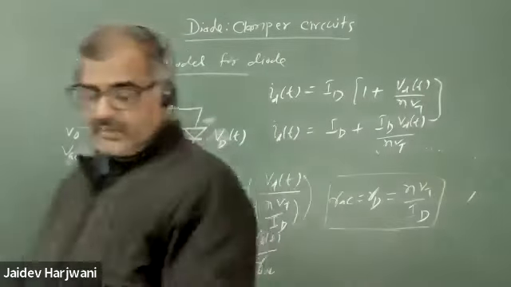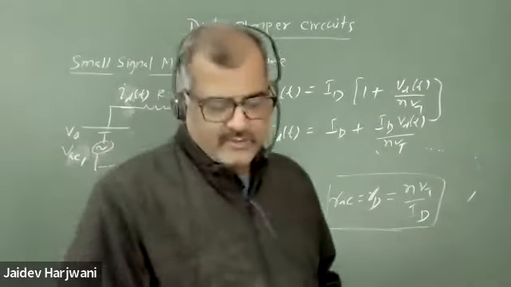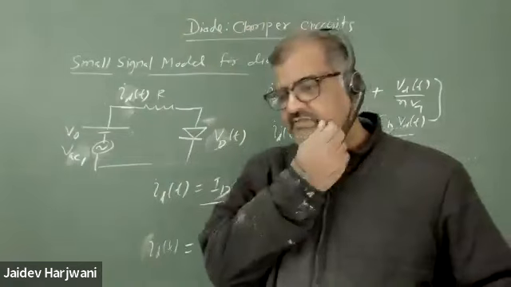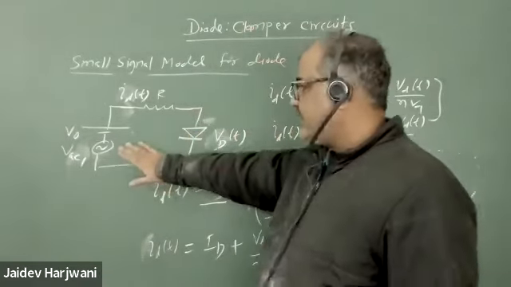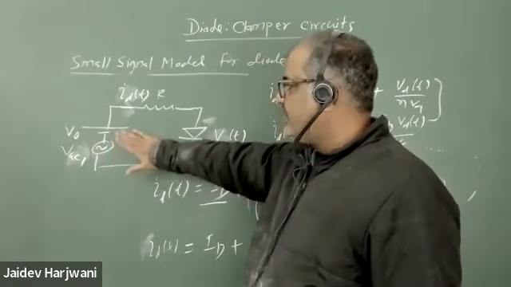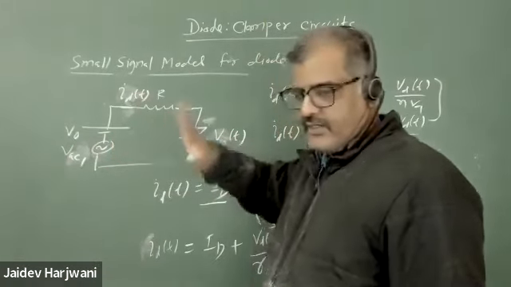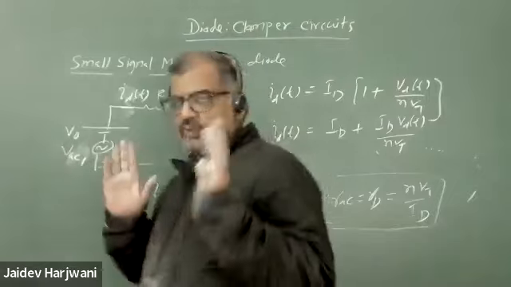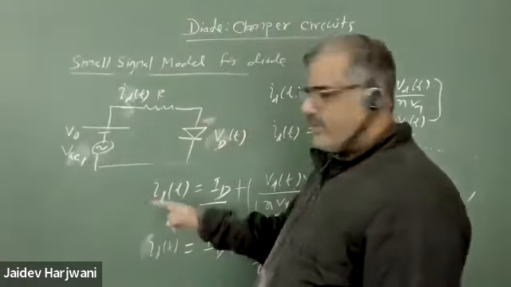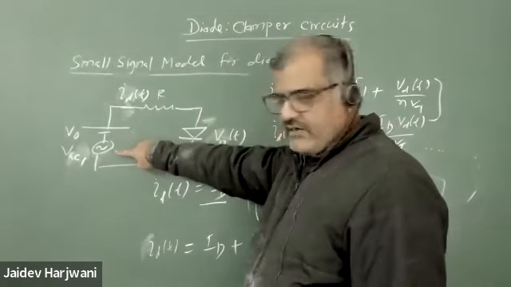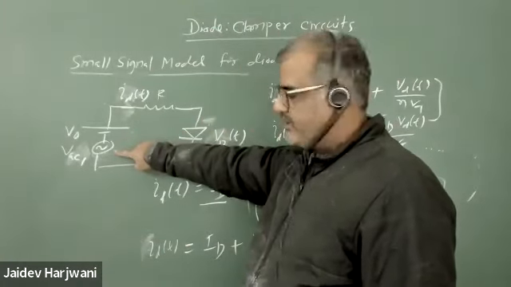Now, what is the simple story? What is the simplification I'm trying to explain? Whenever there is an AC source and a DC source together in the circuit, the effect of these two sources can be separated out. Once I want to calculate the effect of this source, I will make this a short circuit.